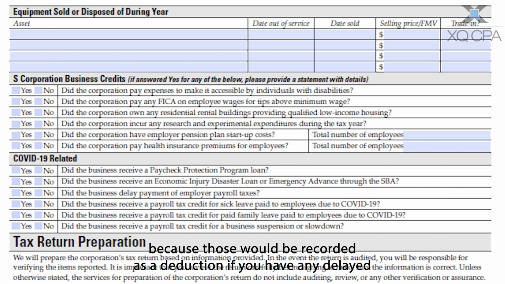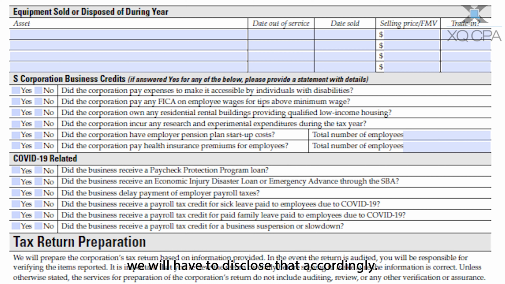If you have any delayed payment of employer payroll taxes, you do also have to tell us, because we will have to disclose that accordingly.